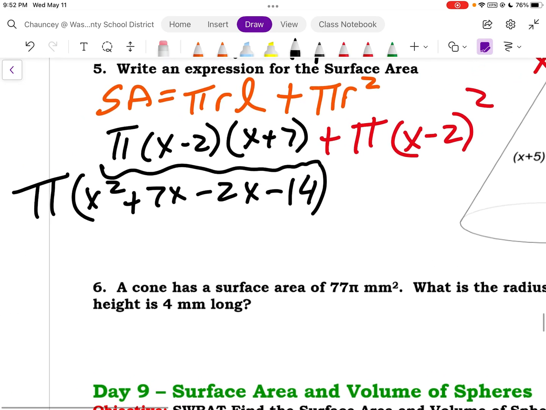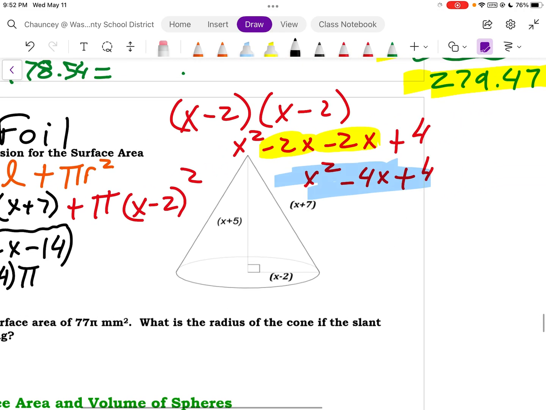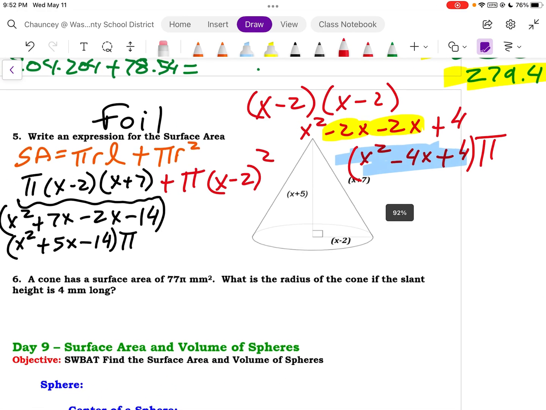Now, let's go back. I didn't combine this. So you end up over here with x squared, 7x minus 2x gives you plus 5x, minus 14. And again, this is all times pi, and we haven't done anything with the pi up here. So there's still pi to this.